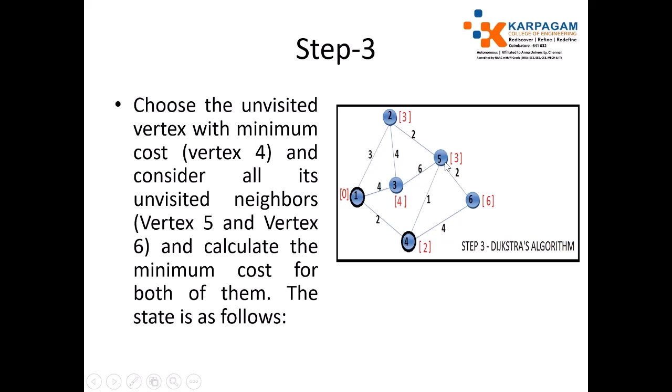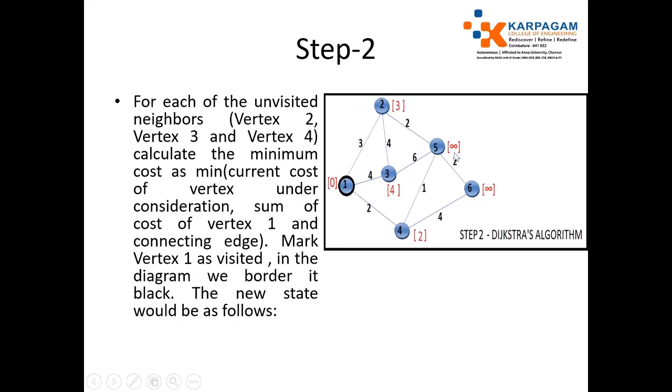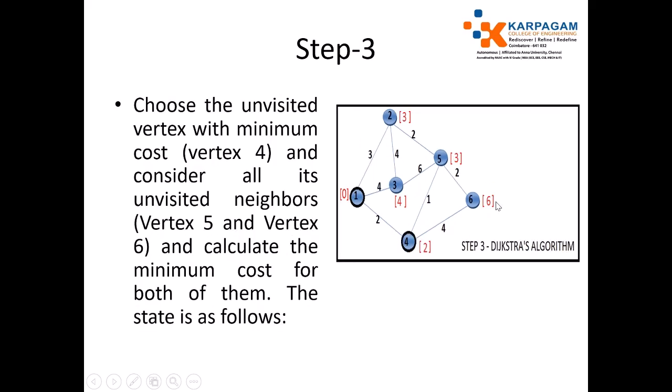Initially it was infinity. We have selected 4 and marked it as visited, and we need to identify which vertices are connected with 4, which are 5 and 6. Initially the cost will be infinity. Now the cost will be 2 plus 1, 3, which is compared against infinity. 3 is less than infinity, so it is updated here.